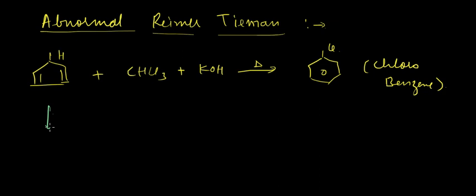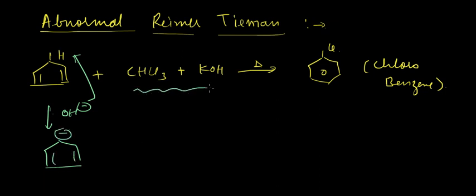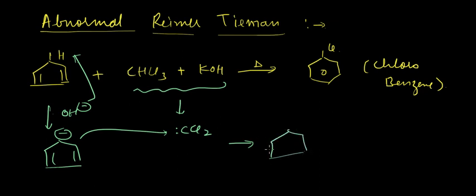So suppose we pass the basic medium. What will happen is this OH minus will attack this H plus and we'll get a negative charge here, and similarly these two will react between themselves and form a carbene, right?